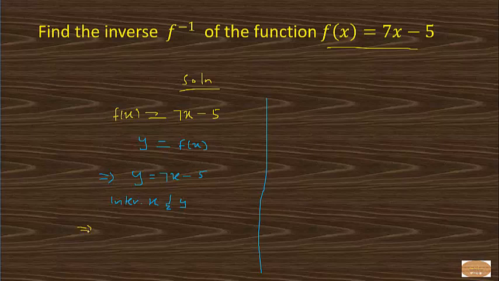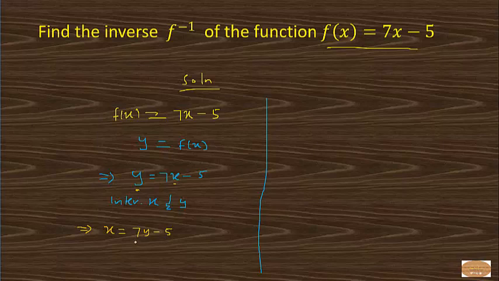So this one I'll make x. So we have x here. Then this one I make y, so 7y minus 5. Okay, so the last thing to do is to make y the subject.